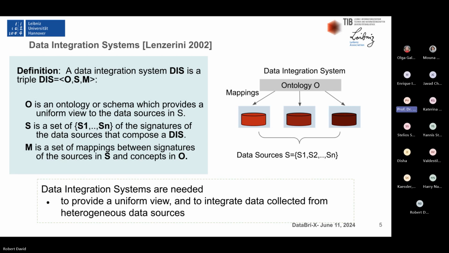So basically, we assume that we have an ontology and we have the data sources, which can be in different formats, as I was saying before, and we have the mappings. These mappings state the correspondences between the ontology that is defined, using any methodology of ontology definition, and the sources that are provided by, in this case, for example, the partner.